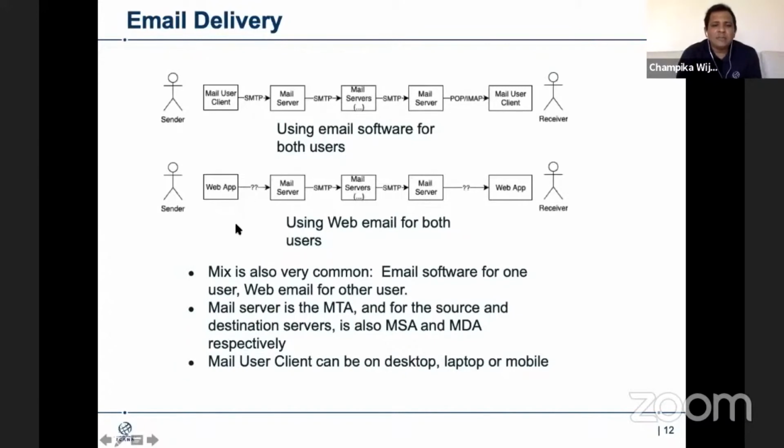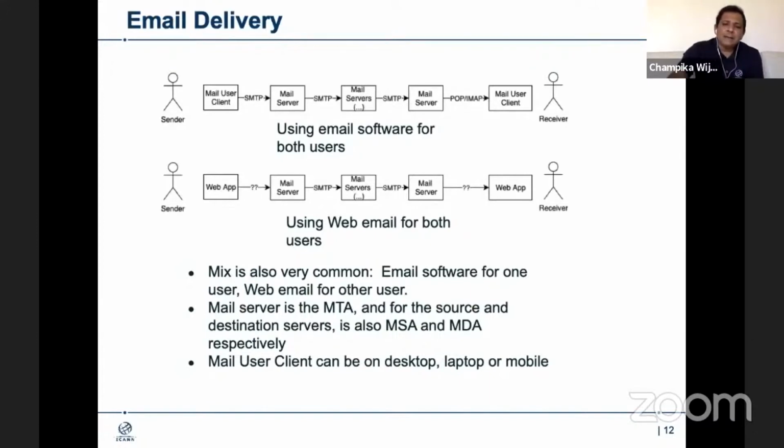Sometimes for mail user agents, we may use very specific clients, say, for example, Thunderbird or Outlook and so on. Or sometimes you could even be using web-based clients as well. So whatever it is, you have mail user agents, mail transfer agents, mail submission agents. Mostly, the mail submission agent is part of the mail transfer agents. And like that, we have different components in the whole path, right?